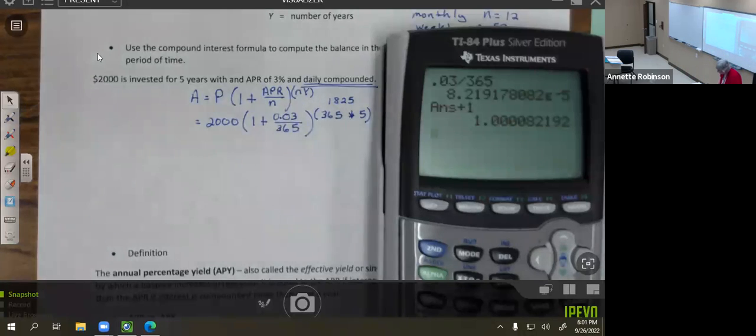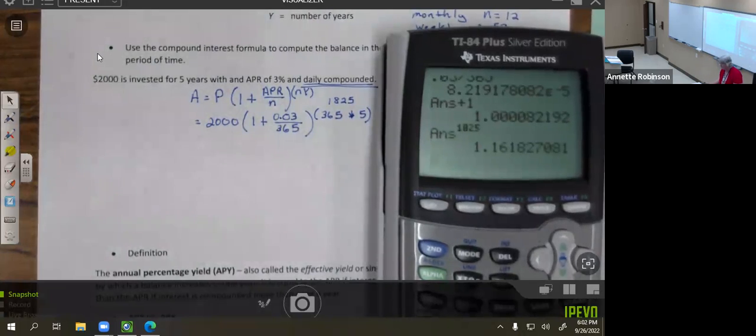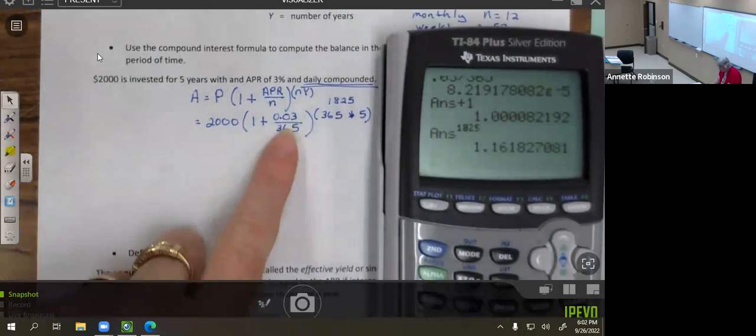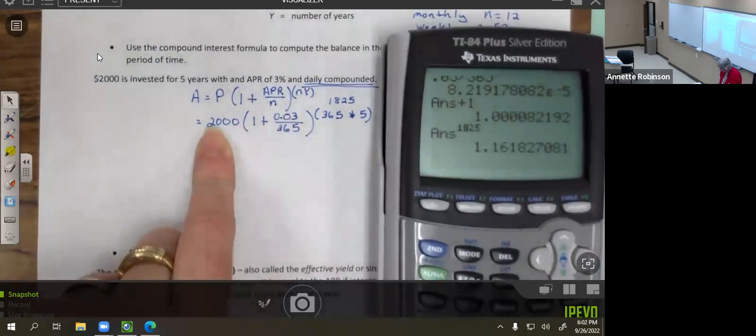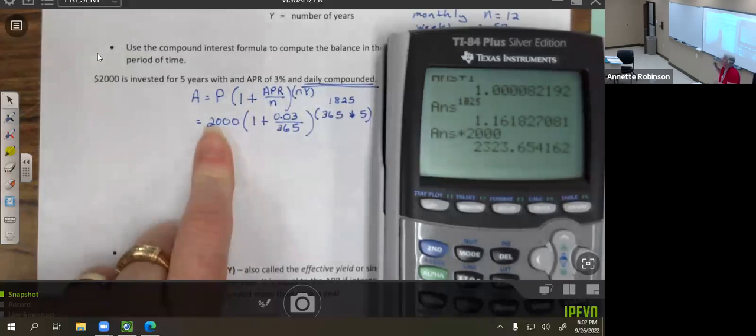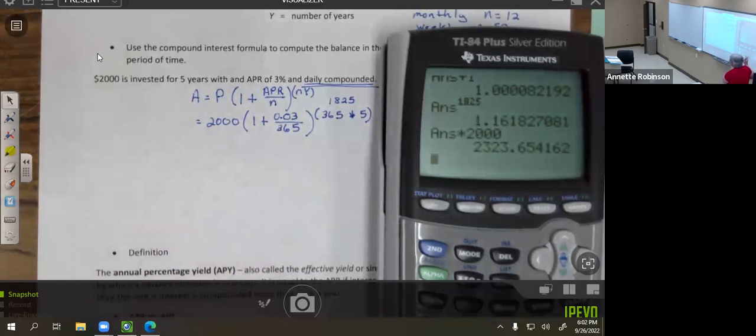So use your caret key and raise it to the exponent of 1,825, which was the 365 times 5. Hit enter. Again, don't worry about writing it down, but don't erase it. We've got one more step. We've done the division, the addition, the exponent. Now we just need to multiply by 2,000. Now you have it. Write your answer down.